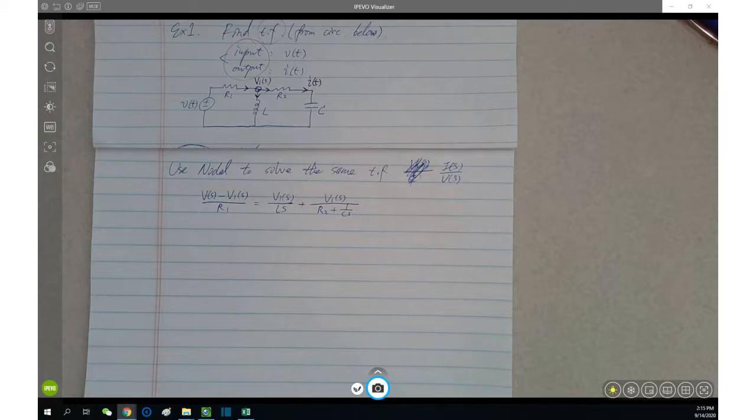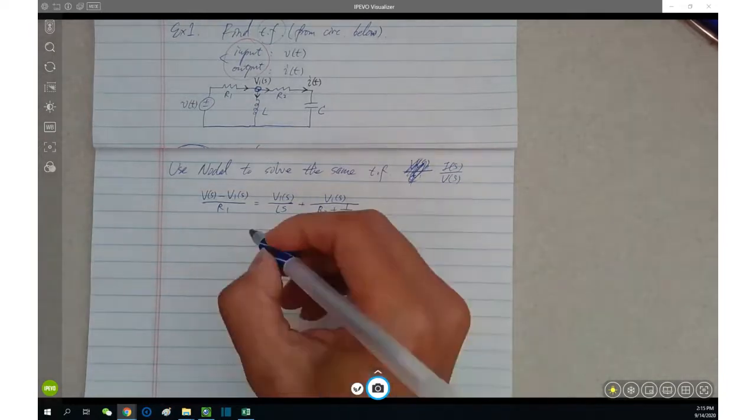One node, one equation, no problem. However, we need one more equation, right? Why do we need one more equation? You want to have V1 in terms of I, correct. Sawyer is correct.